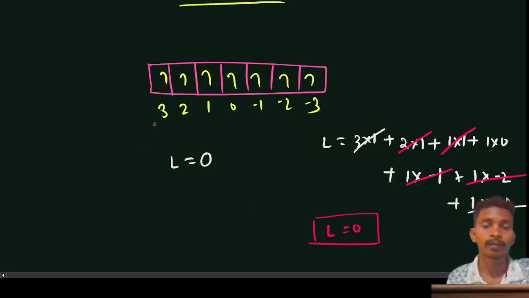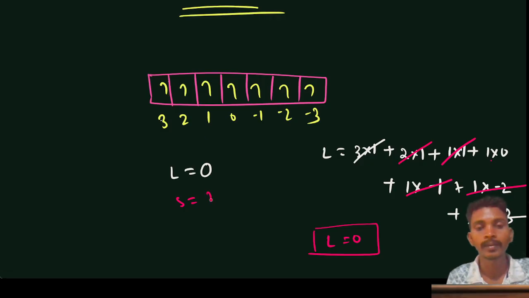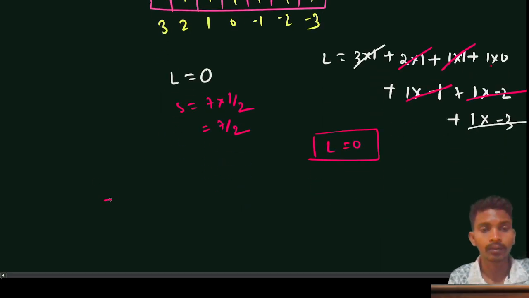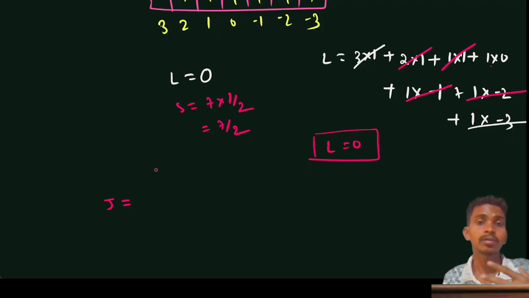If L value is 0, then S value is 7 into half, that is 7 upon 2. Now whenever you calculate the J value in this case, it is neither less than half filled nor more than half filled, because all are half filled. In that case, how do we calculate J values?